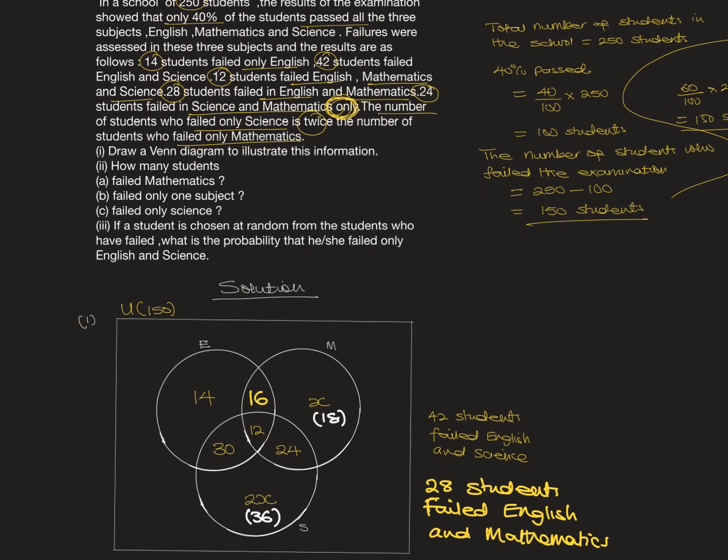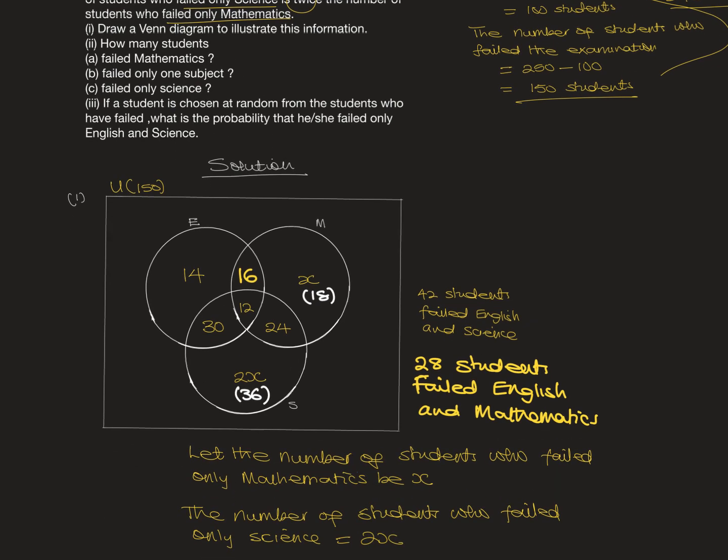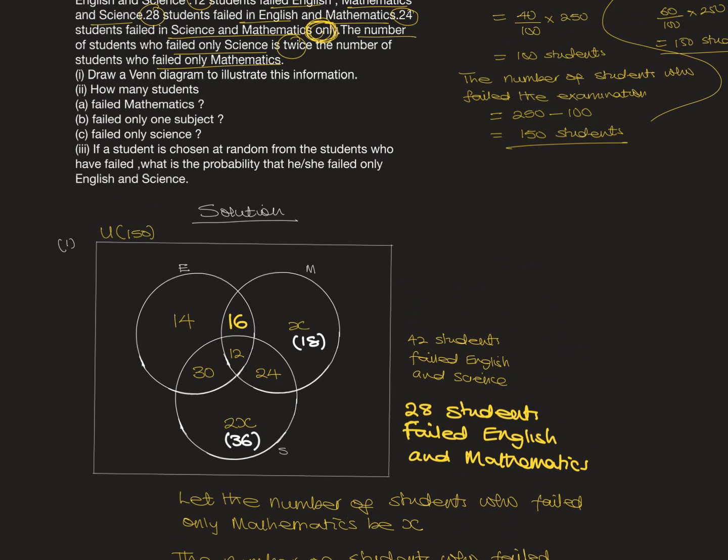Moving on to question 3. It says, if a student is chosen at random from the students who have failed, what is the probability that he or she failed only English and science? So what are the number of students who failed only English and science? Only English and science is here, okay? That is English and science only. So it will be 30 over 150. That will be the probability of students who failed only English and science.